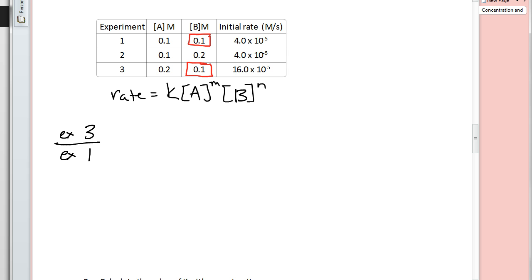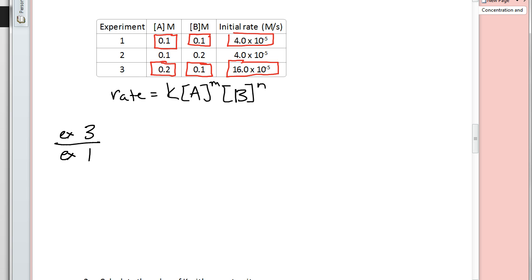One, the concentration of experiment 3 is greater than the concentration of experiment 1. And the other reason is the rate of experiment 3 is greater than the rate of experiment 1. So I want to have a whole number ratio come out.